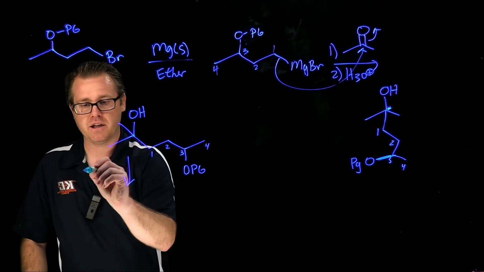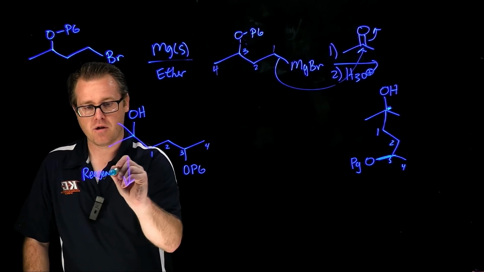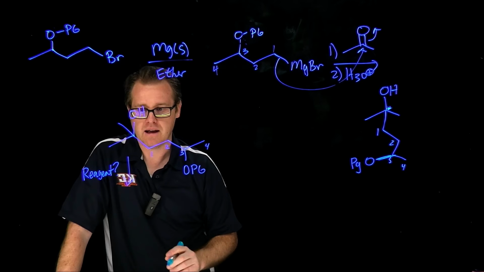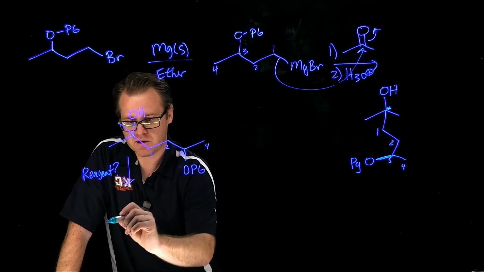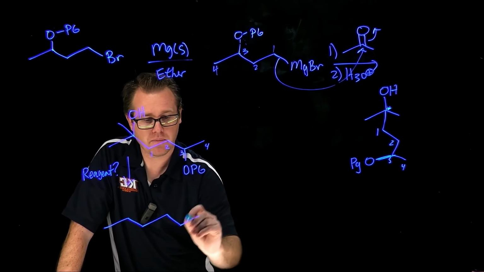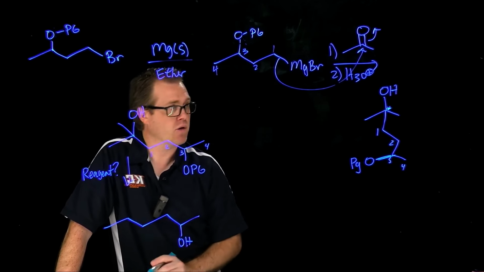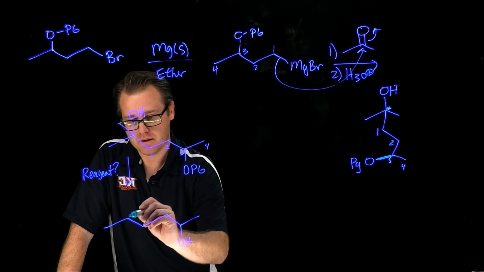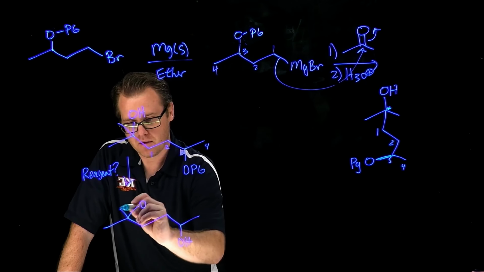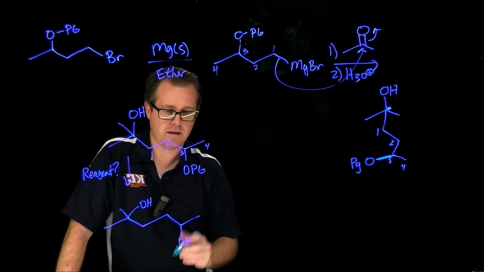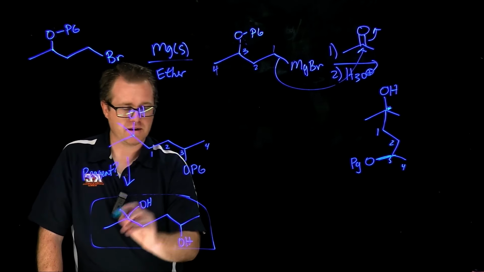So I'll just say reagent with a question mark. And you can remove that protecting group. So now after you remove it, you would just have your normal alcohol. And there's your product now.